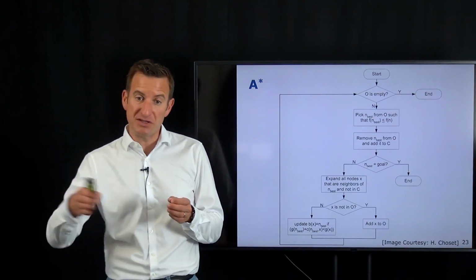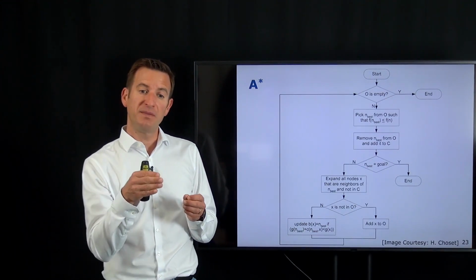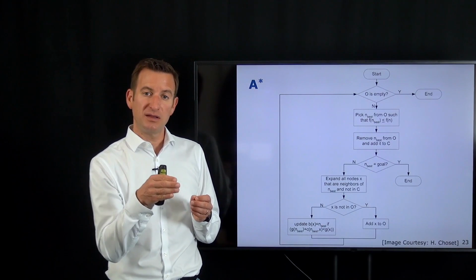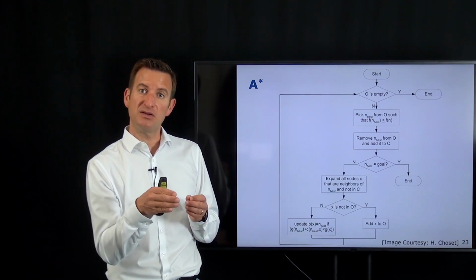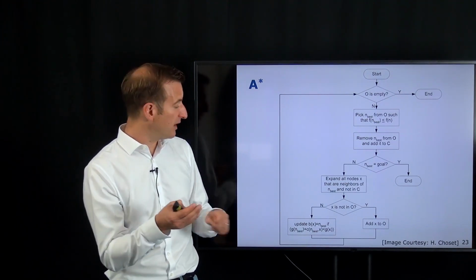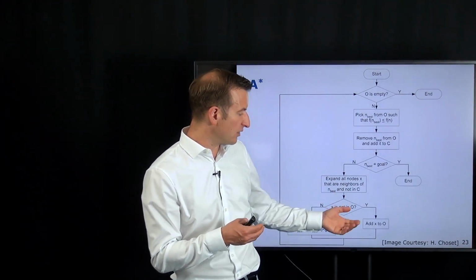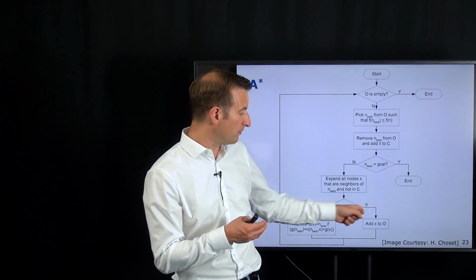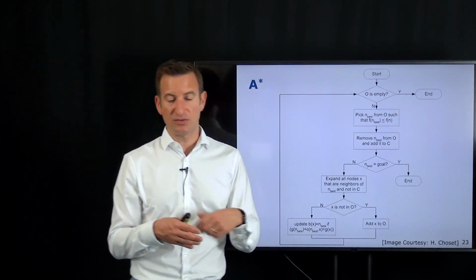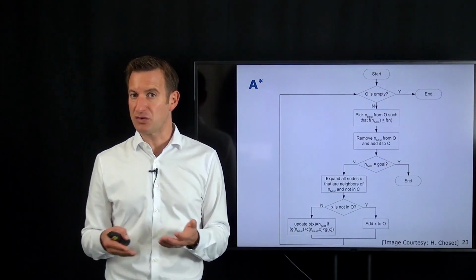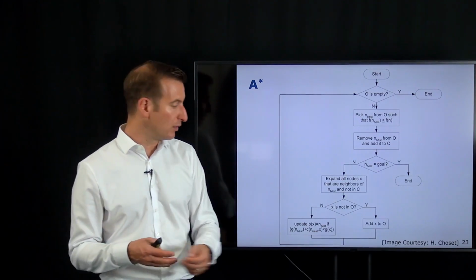That means I found a detour to a node that is still in my open list, a node that I need to consider that I didn't know beforehand. Or if it is not in the open list, then I simply add it. Then it's a node which I haven't looked at yet and still need to look at.